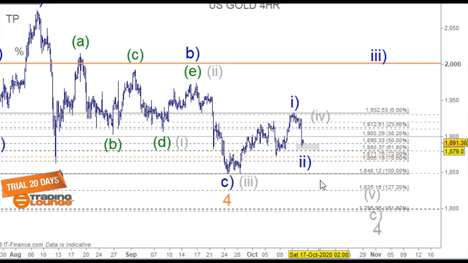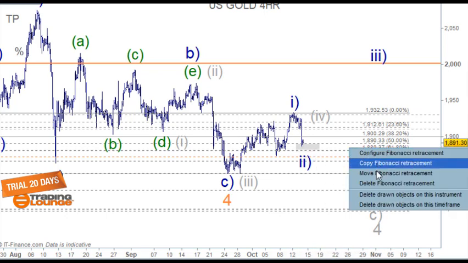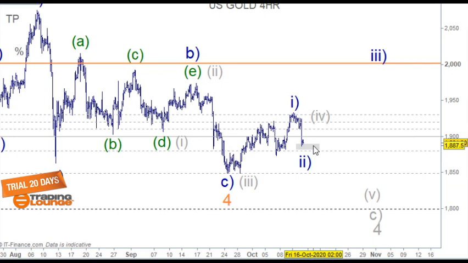So what we could suggest is that if this level here became the resistance, which is the 1880, and it's not just the 1880, it's all of this support coming through here, if that became the resistance, then we'd be looking further down at that point.